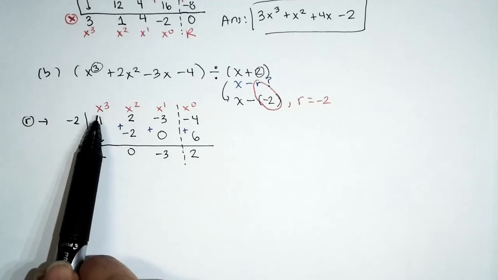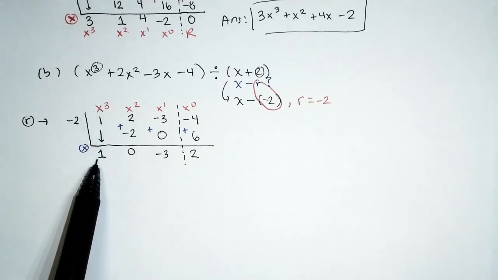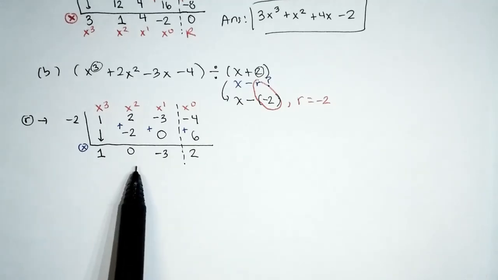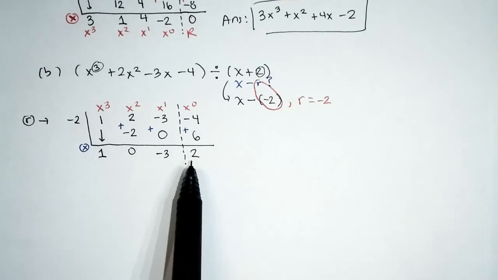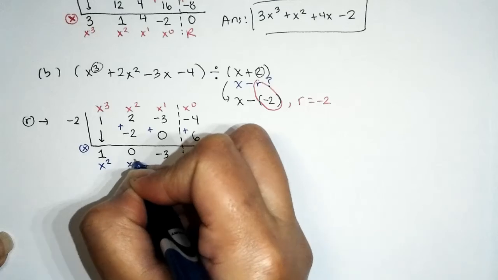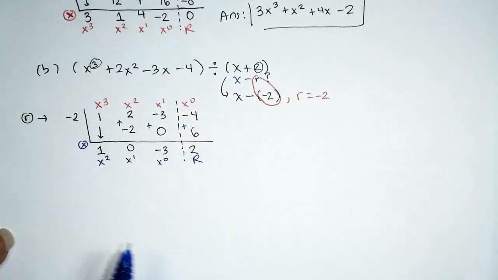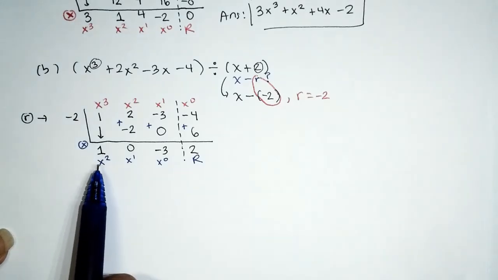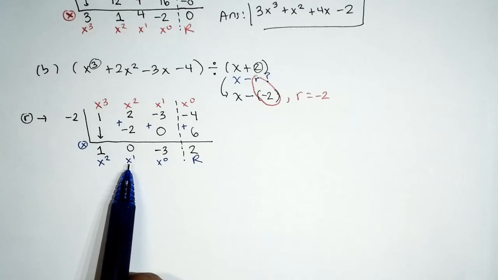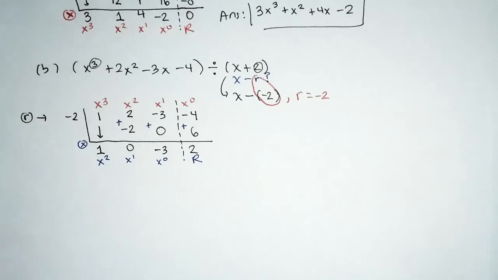We divided into a degree 3 polynomial, so the degree of our quotient should be 1 under, so it should be 2. So we should have x to the second, x to the first, constant, followed by the remainder, if any. Let's write it. This will give us 1x squared plus 0x. We're just going to ignore that.